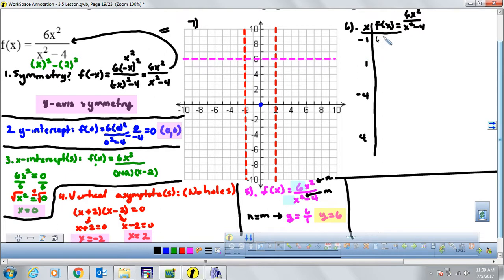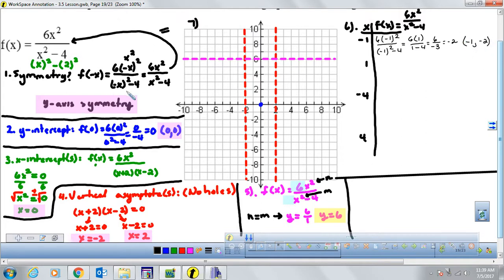So 6 times x, which is -1 squared, divided by x, which is -1 squared, minus 4. So we're going to get 6 times 1 divided by 1 minus 4. That's going to be 6 divided by -3, which is -2. So we get the point -1 comma -2. But wait a minute.